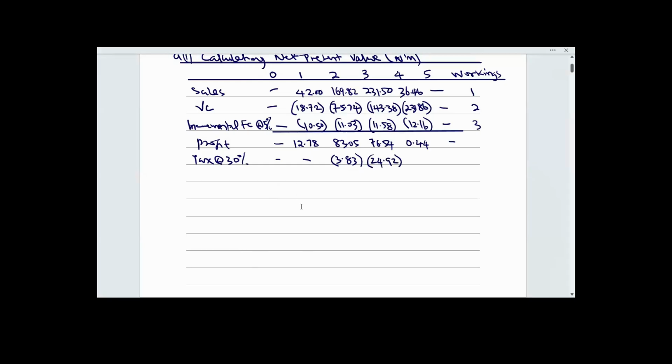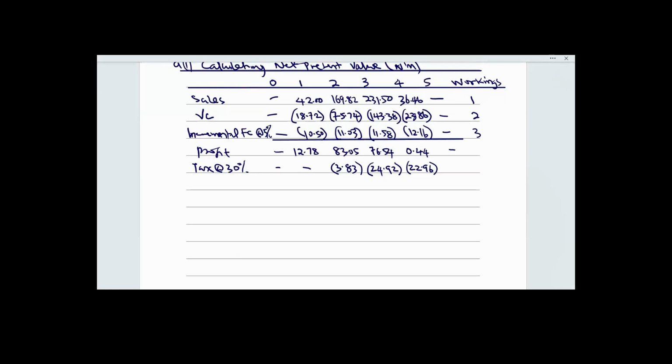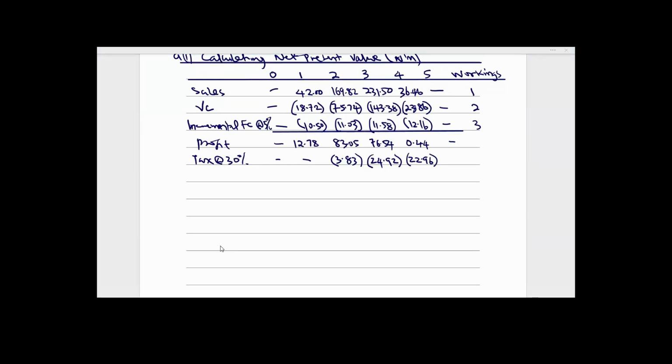Then I will go to the third year profits, which is 76.76.54 multiplied by 30% equals 22.96. The fourth year profits, 0.44 multiplied by 30% equals 0.13. So in year 5, we are going to pay tax of 0.13.